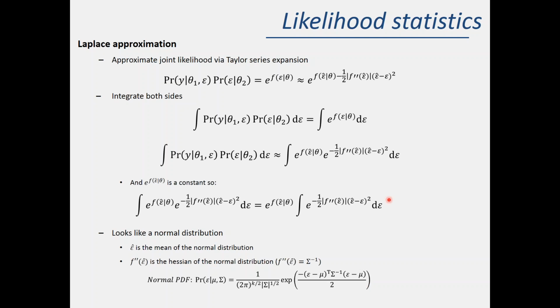The key here is that this matrix of second derivatives, the second order Taylor series expansion, is equal to the Hessian of the normal distribution. And this deviation squared you can rewrite on the right-hand side and the left-hand side.